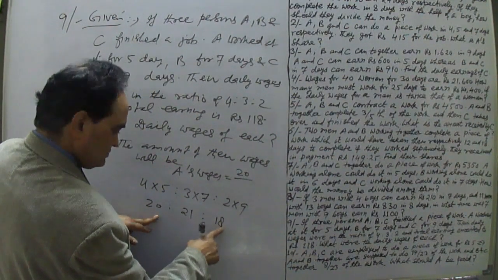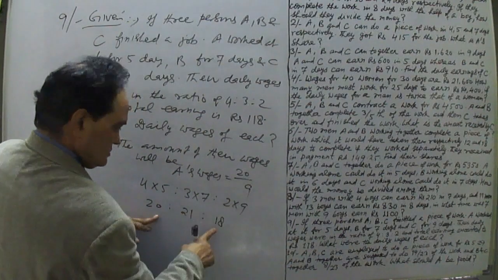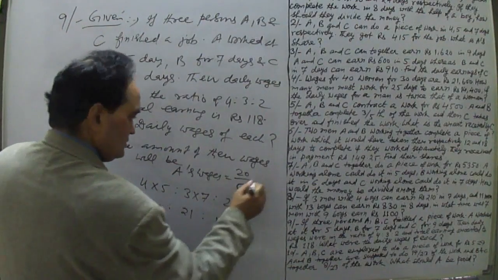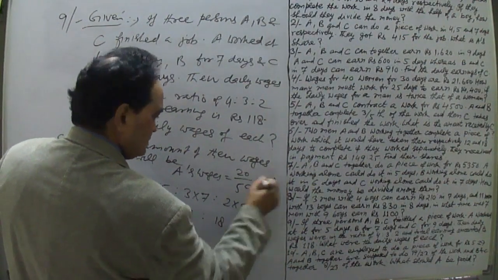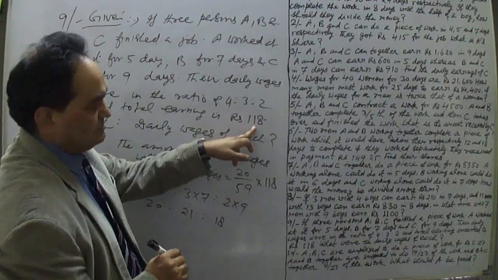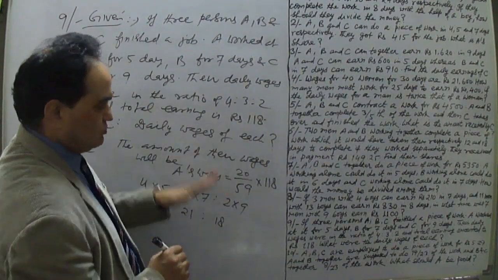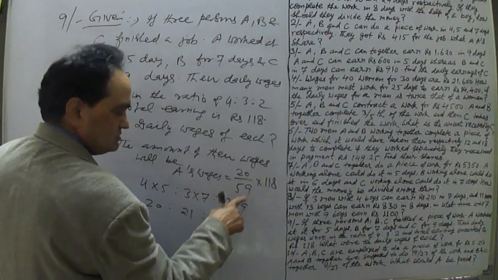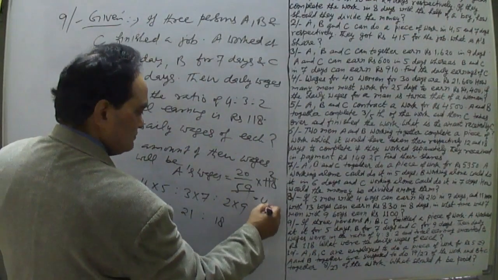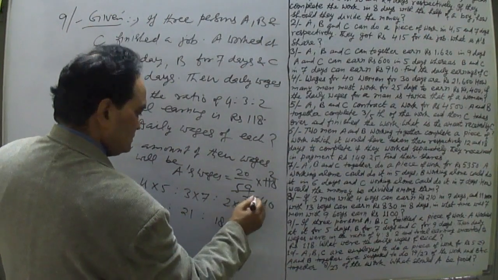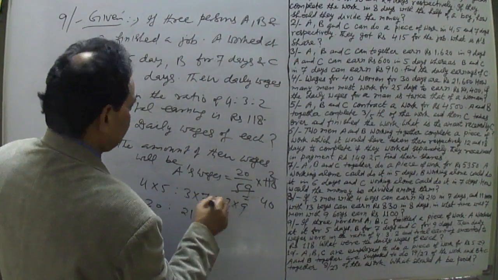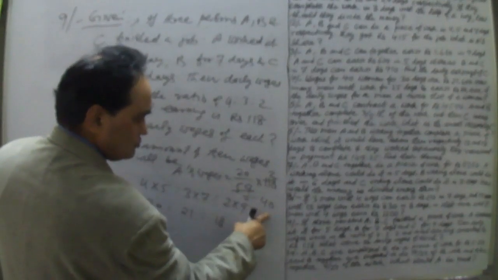The sum of the ratios is 20 plus 21 plus 18, which is 59, into 180. Try to understand, 180 is the total money which is to be distributed among these three people. So 59 into 2 is 118, so 20 times 2 is rupees 40. A's wages are rupees 40.